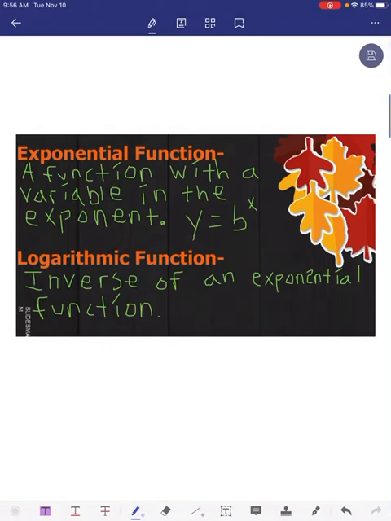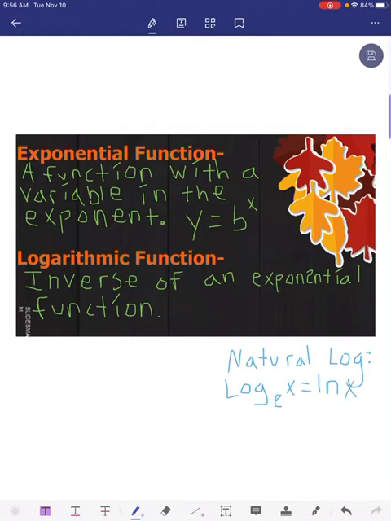They are going to be our natural log, and remember that is going to be a base of e, and we will write that as ln of x.